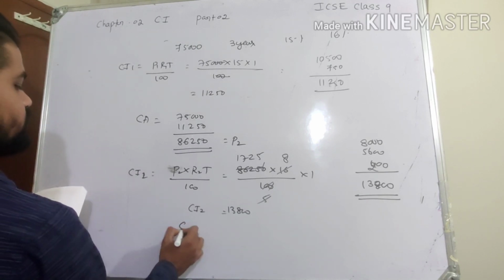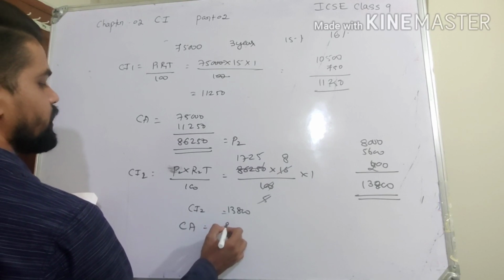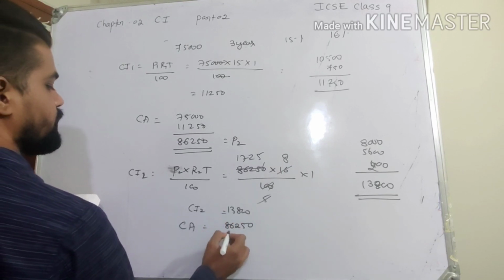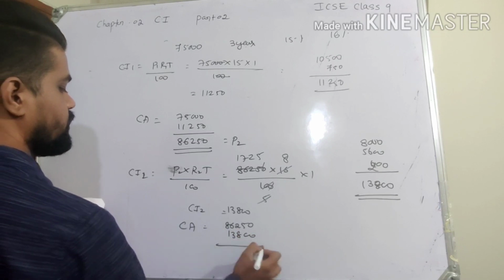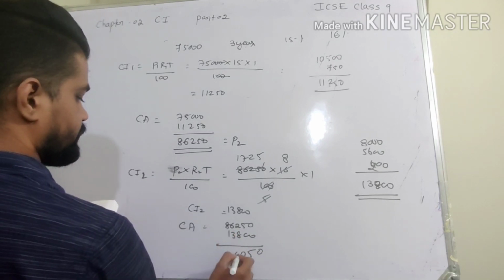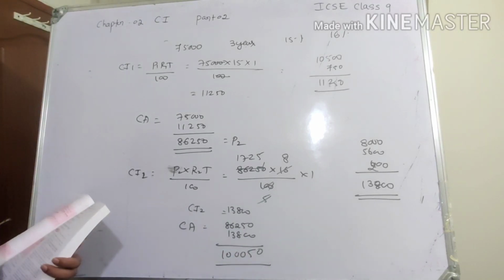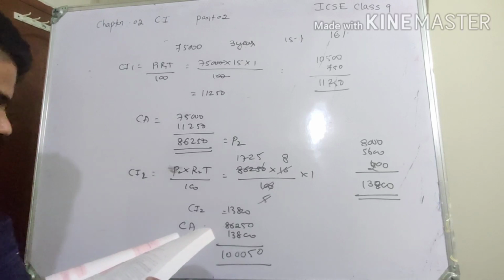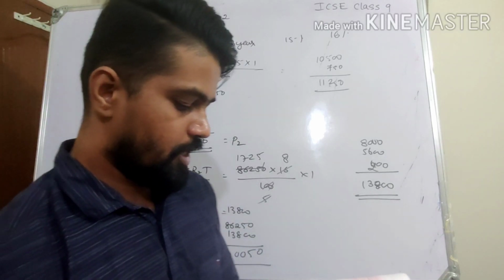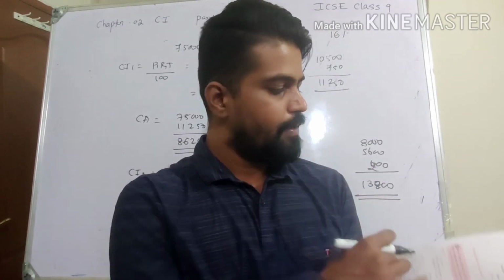What is the sum she will get? That means the total amount. That will be the sum of 86,250 plus 13,800. So she will be getting 1,50,000 rupees when you add all of this. That's all. 9th and 10th, I'm leaving it to you. You're going to solve it and give the answer.